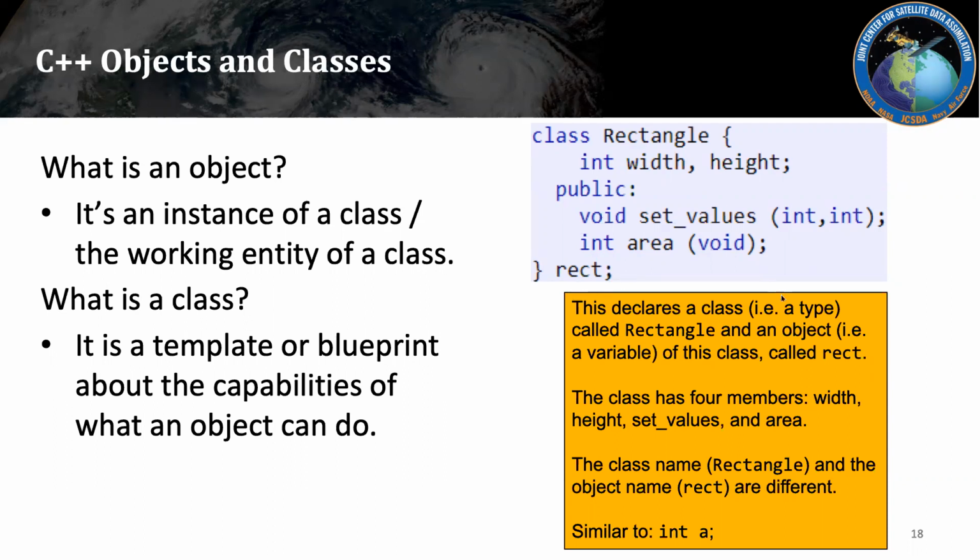The class has its own members, so you can have both data as members and you can have functions that work on the data inside the class. This is similar to defining an integer. Instead, you define a rectangle and then you can manipulate the rectangle. So again, it's this encapsulation that gives us an object.